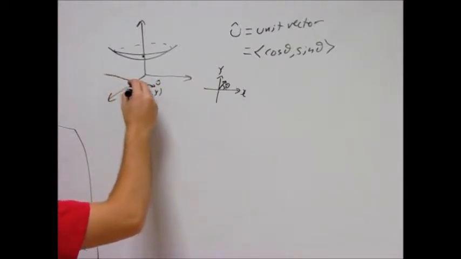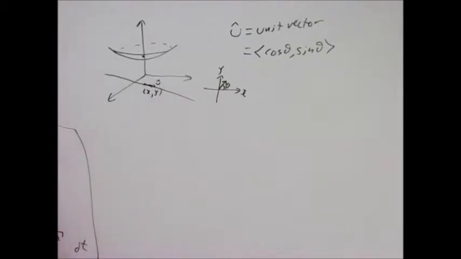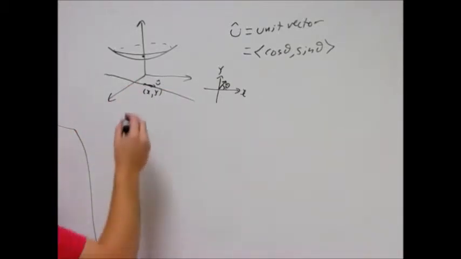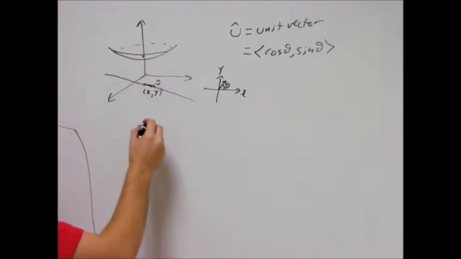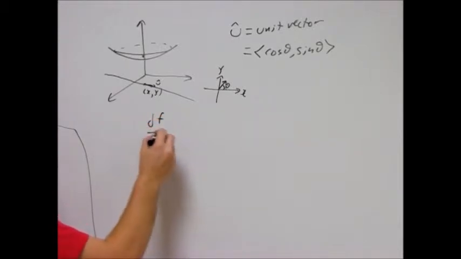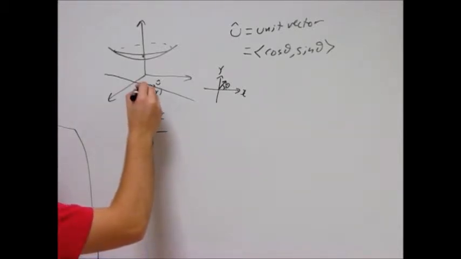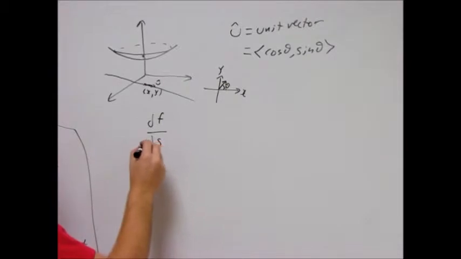Basically, we're going to think about this line right here that passes through x, y in the direction of u. And we're going to try to find how f changes with respect to a small movement here. That's what the derivative is.